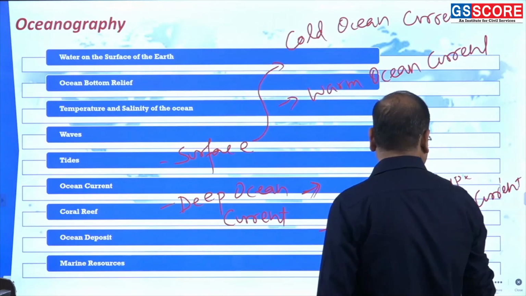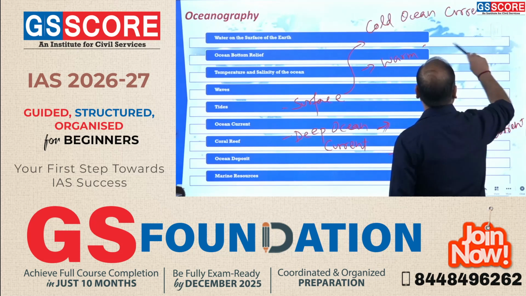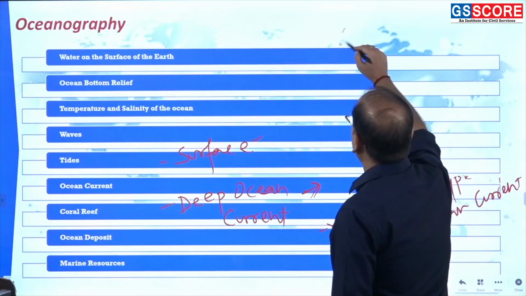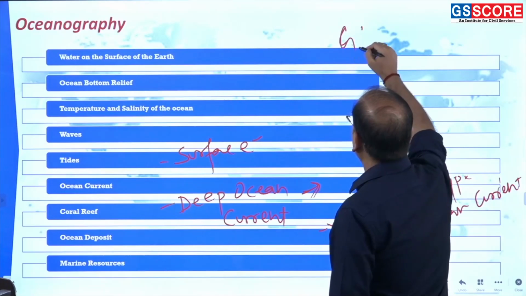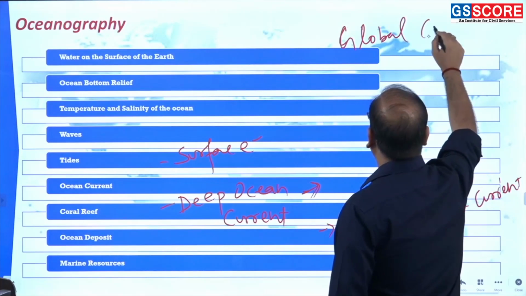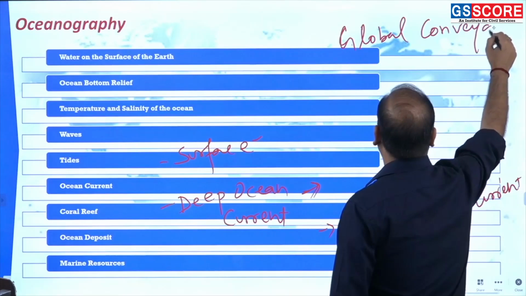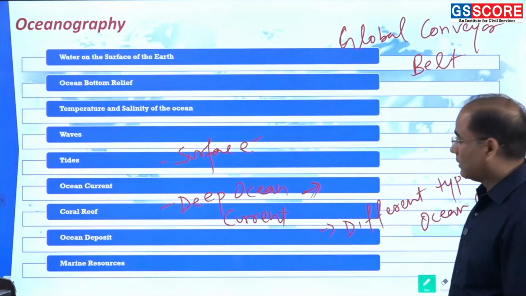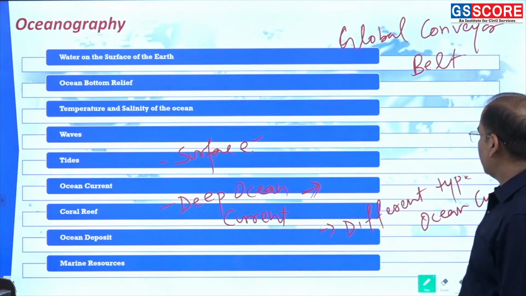So the global conveyor belt is also part of this. These are the parts of the deep ocean current.